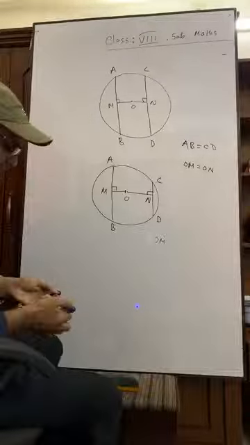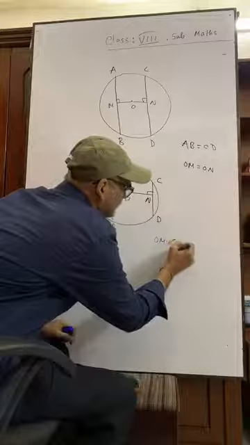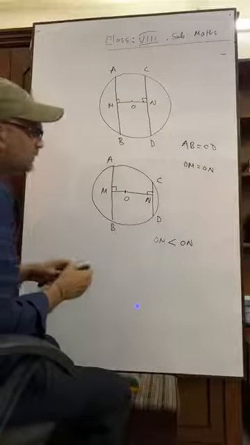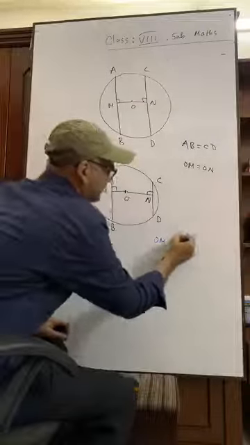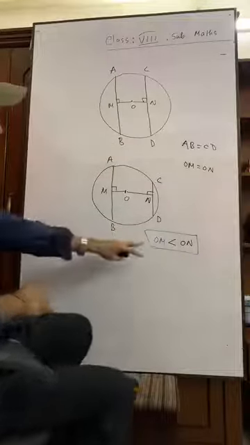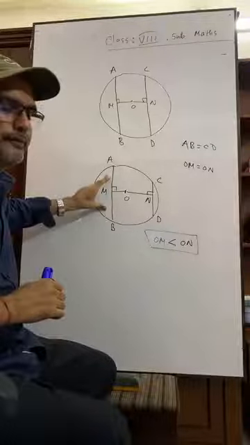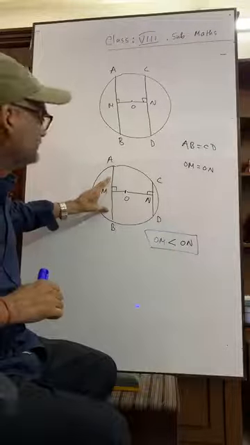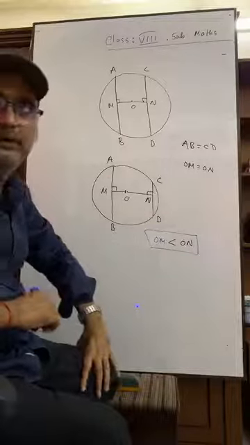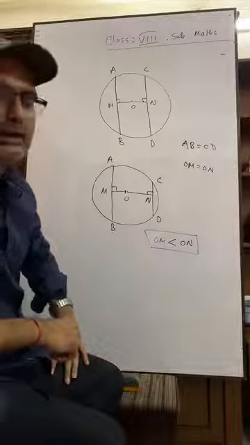It is seen that OM is less than ON. Have you got it? So we have to prove this: of two chords, the larger chord is nearer to the center than the other.